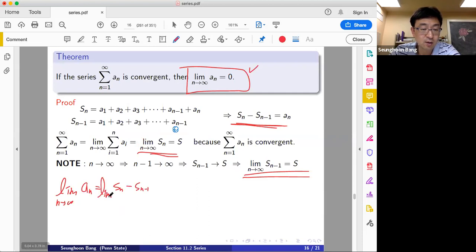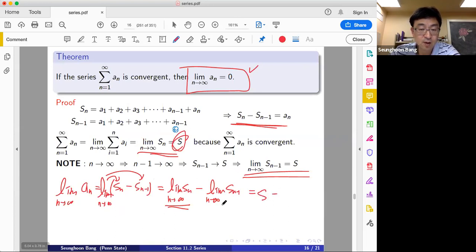You can distribute the limit: the limit of S_n as n approaches infinity, minus the limit of S_{n-1} as n approaches infinity. What's that? The first one, from the assumption, is S. The second one is also S. S minus S is 0.